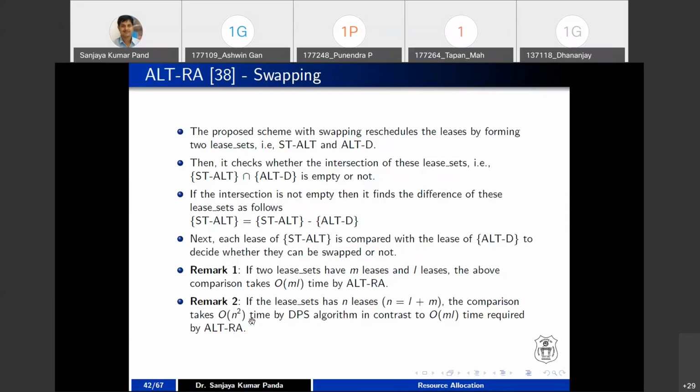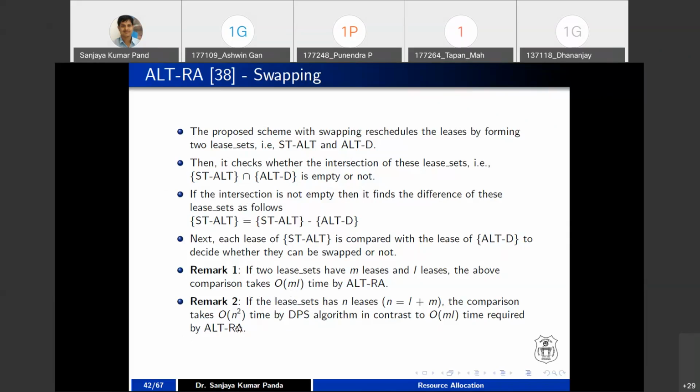In that case the order of ML time is there, but if you go for this DPS algorithm, with N leases, in the worst case the number of elements present in the STLT is N, and the total number of leases present in the ALTD is also N. So the number of comparisons is order of N square, which is more than order of ML, because ML guarantees that there is no common element in these two sets.